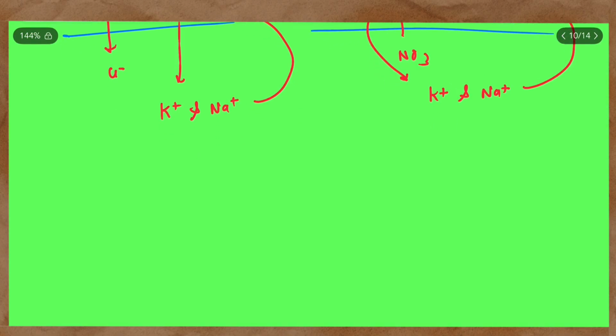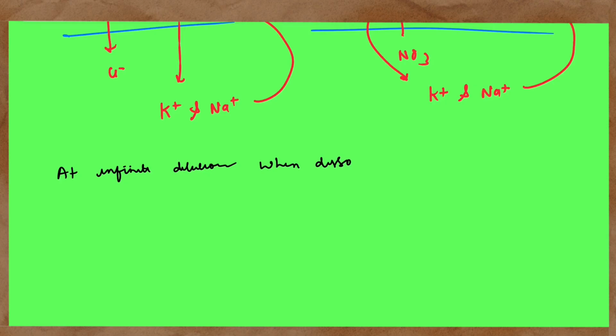It is defined at infinite dilution, because we can only get all the ions at infinite dilution. We are taking molar conductivity at infinite dilution. That's why I'm writing at infinite dilution. When dissociation is complete, it has to be complete dissociation.